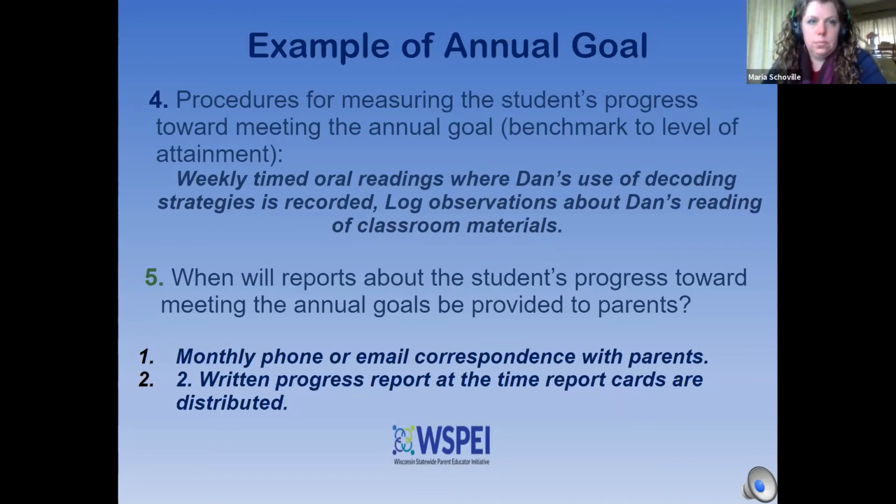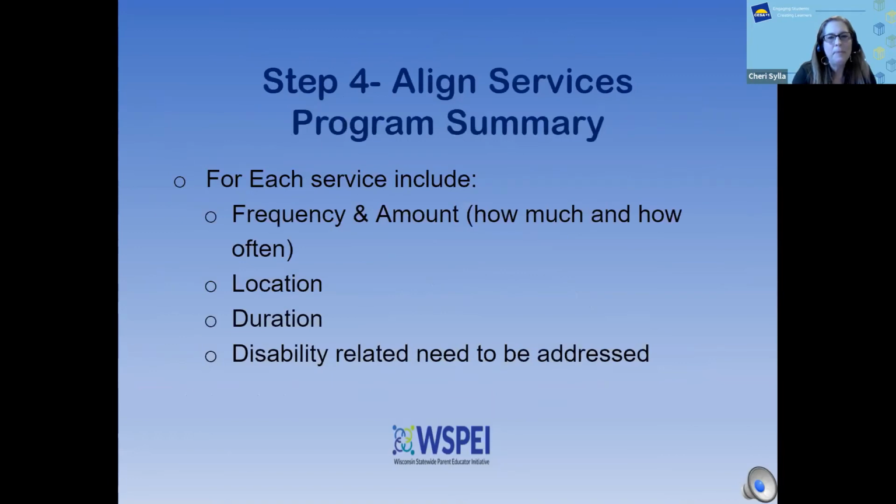A lot of us parents help our children at home, right? And so maybe there needs to be a little bit more communication in regard to that, okay? But most IEPs that I see, the reports about progress on annual goals is usually when the other report cards come home. So that's normal.